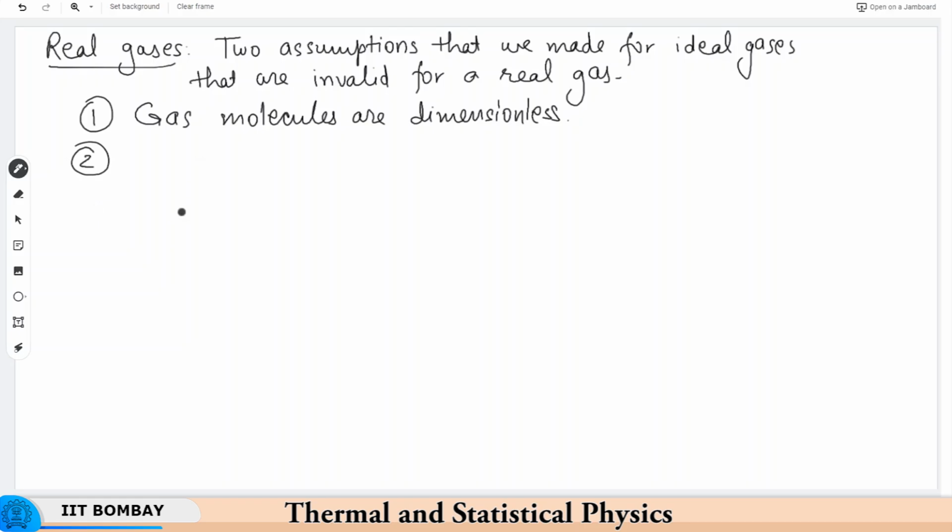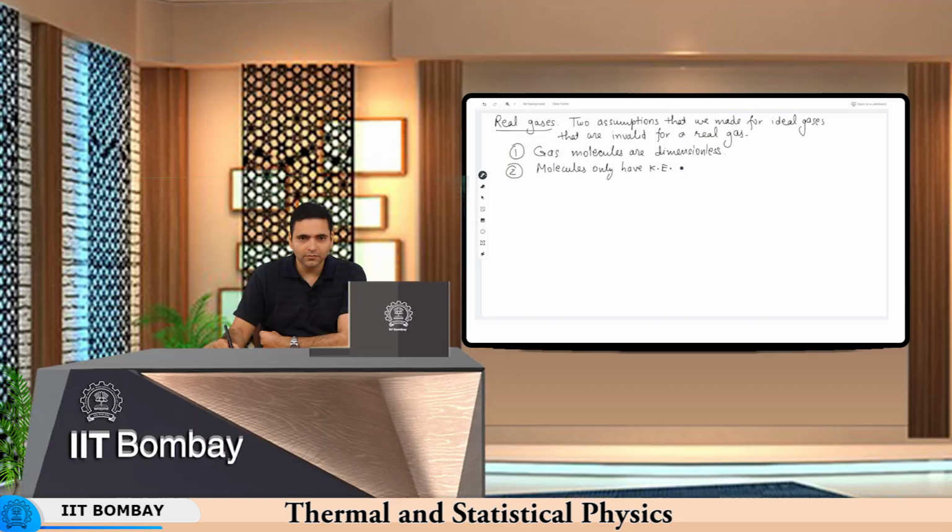And the other assumption that we made for ideal gases is that molecules only have kinetic energy and never undergo attraction, right? So what I am saying is basically both these assumptions are not true for a real gas, right?